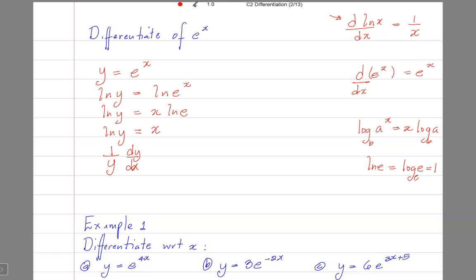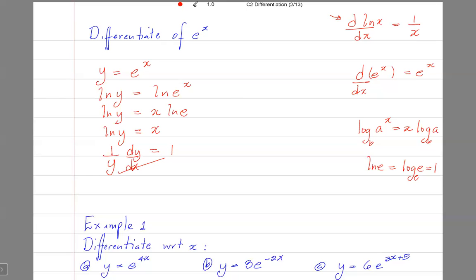If you didn't understand that, don't worry about it too much. When we do implicit differentiation, you'll understand fully. Now on the right-hand side, when I differentiate x with respect to x, I'm going to get 1.